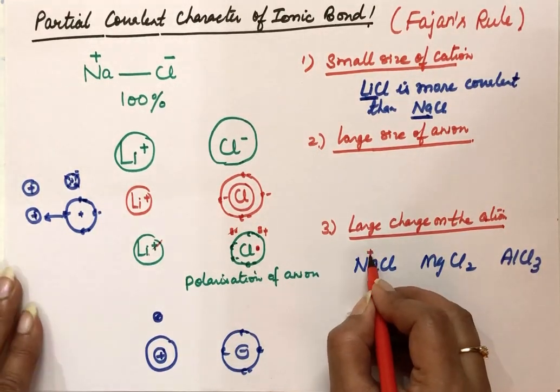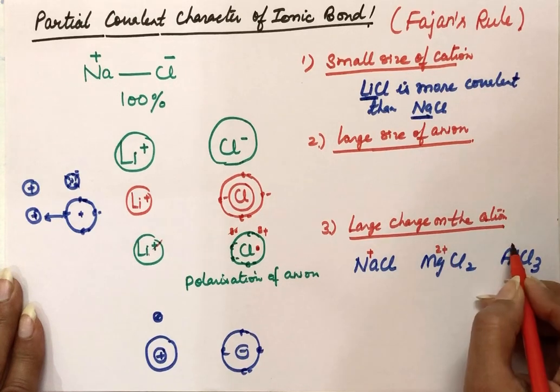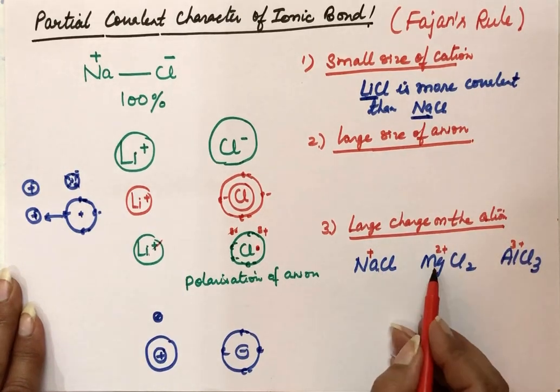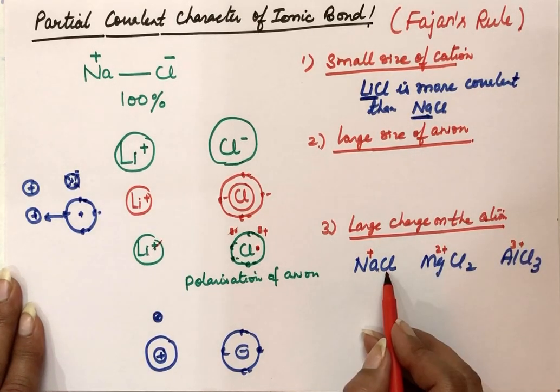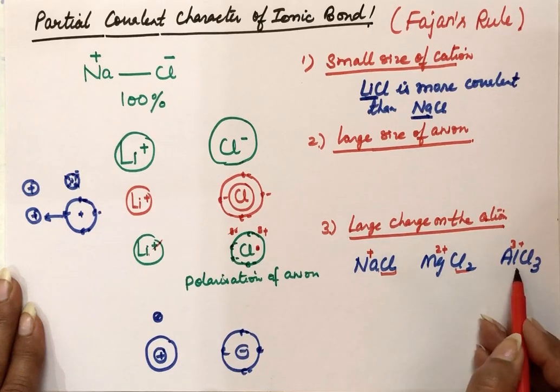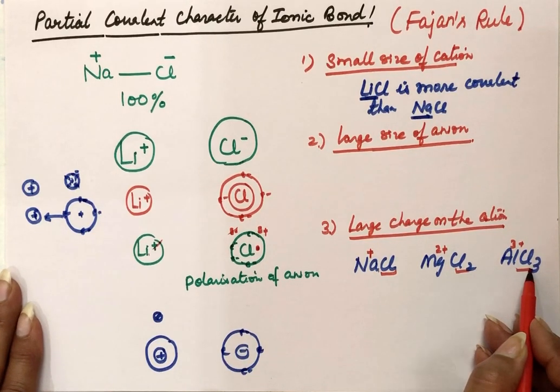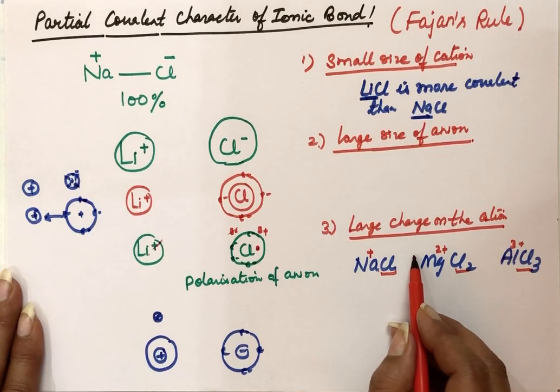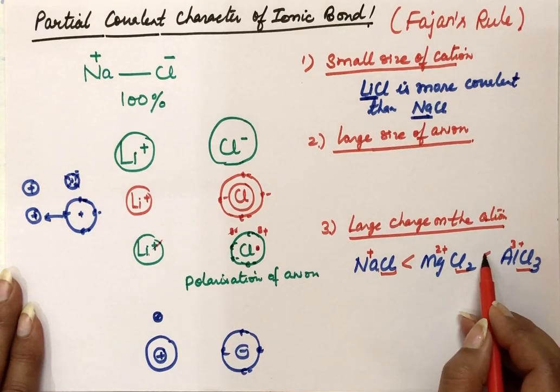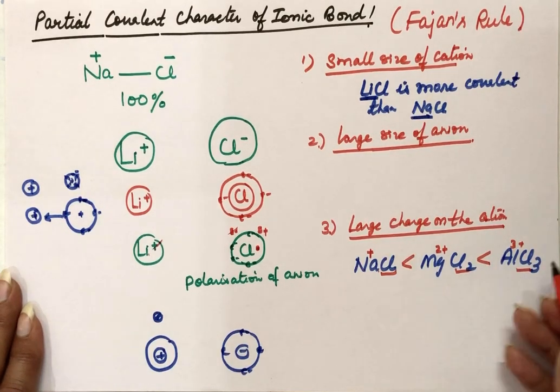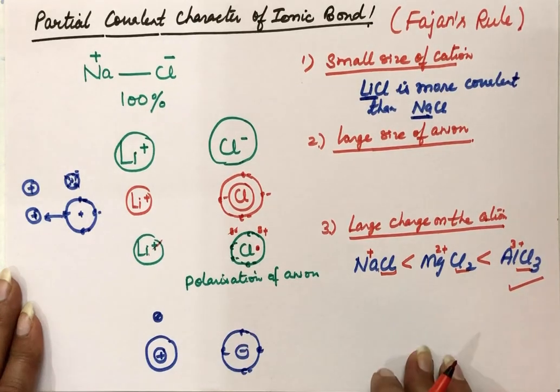This is +1, this has 2+, this has 3+. More is the charge on cation, easily it can polarize this anion and hence more will be covalent character. That means NaCl covalent character is less than MgCl2, MgCl2 is less than that of AlCl3. AlCl3 has more covalent character.